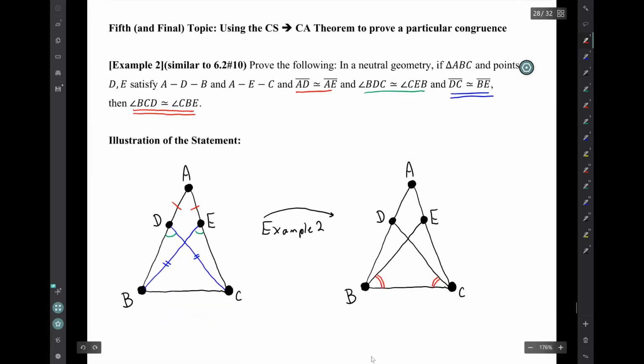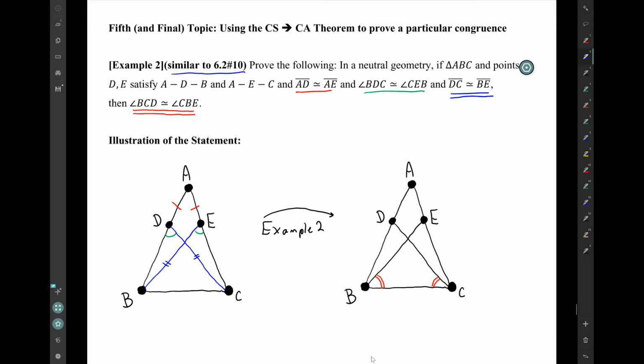Let's go on. The fifth and final topic of this video is to use the CS arrow CA theorem again to prove a more sophisticated congruence. So this example is similar to your homework exercise 6.2 number 10.